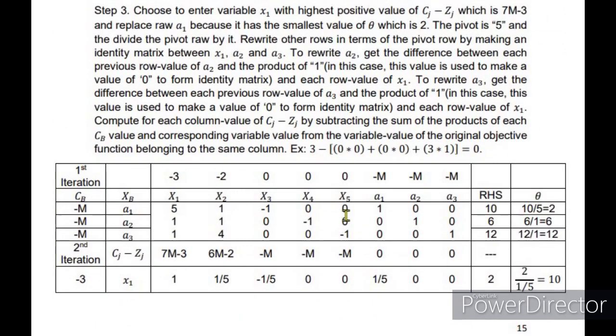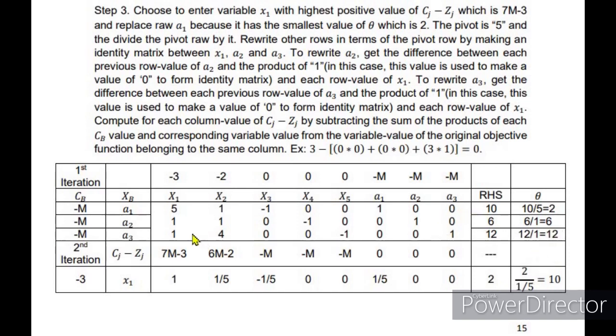So step 3, choose to enter x sub 1 with the highest positive value of Cj minus Zj, okay, because it has the highest positive value. We will choose the highest positive value because all the variables in the RHS are positive, okay. Then we will replace a sub 1 because it has the smallest value of theta, which is 2.